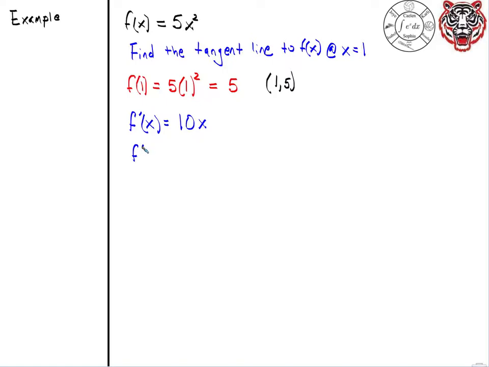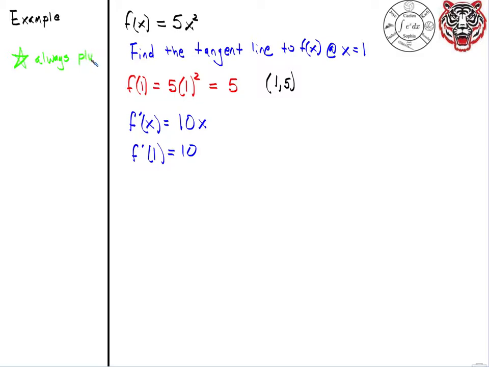So f prime at 1, and it happened to actually be 10. Because I'm like, no, be careful. And it is 10. So if x was something else, the slope wouldn't be. Yeah, if I said at x equals 2, then it would be 20 over here. So always make sure to plug in your x into your derivative. And if you want to make that a note, because you might forget, we can make it a note on the side.